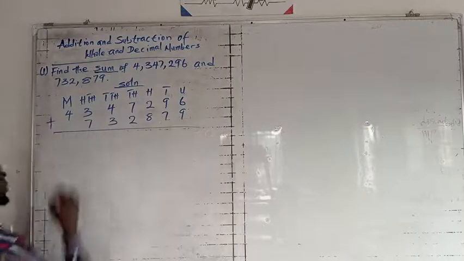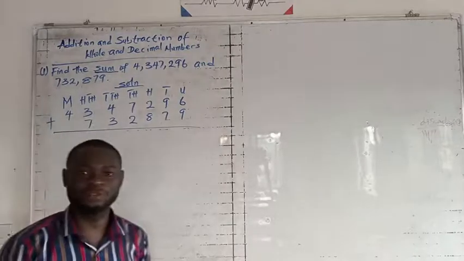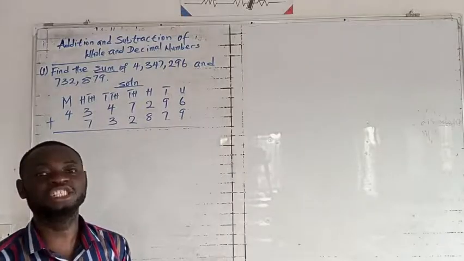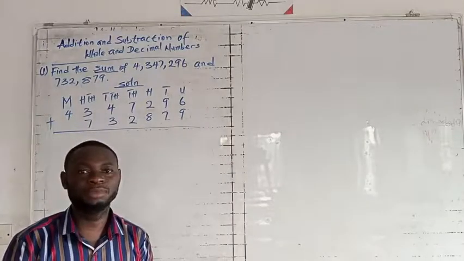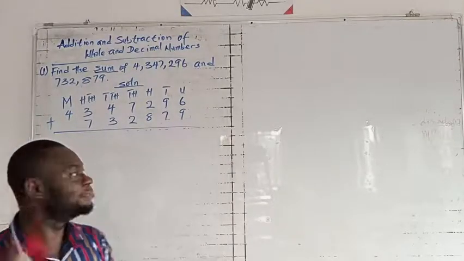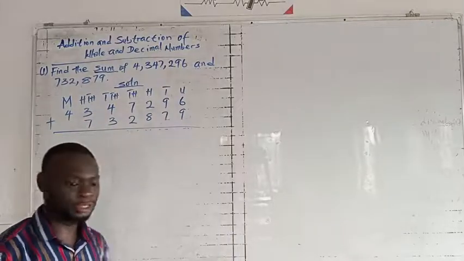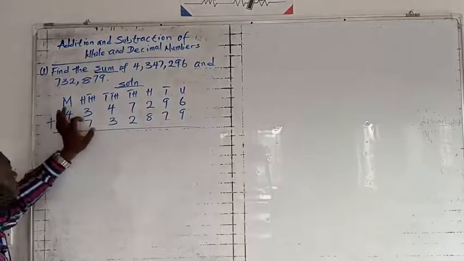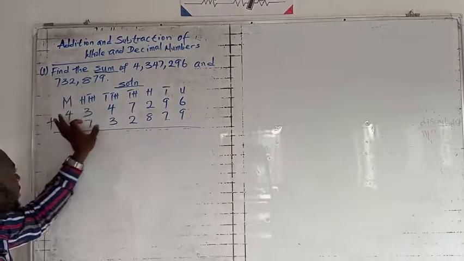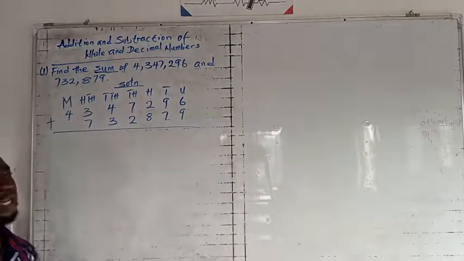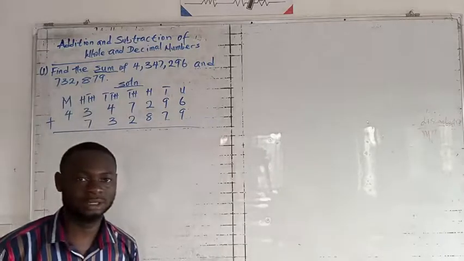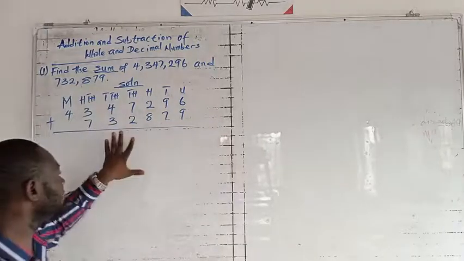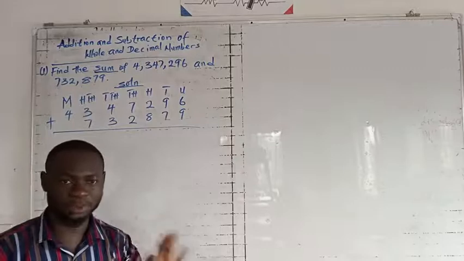Now remember, in addition and subtraction of numbers, failure to arrange properly means that we are going to solve what? Beautiful nonsense. So we have to arrange properly. If we watch, 7 is in hundreds. If we take this 7 to millions, then we are already solving beautiful nonsense. So arrangement is very important.